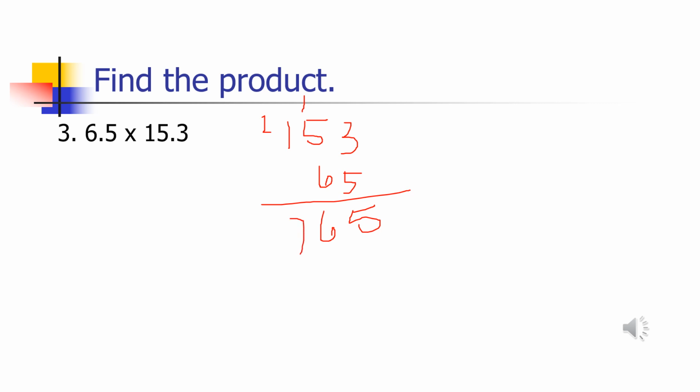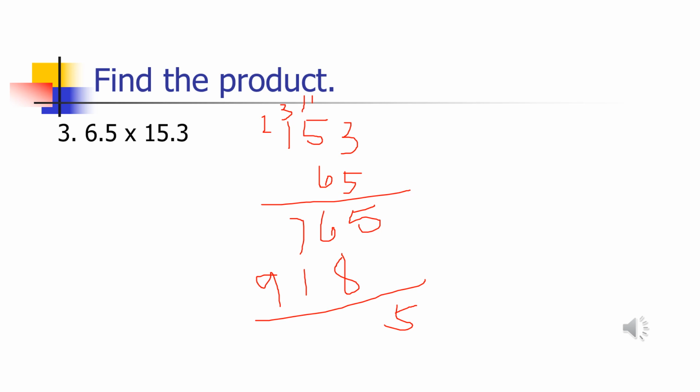Then 6 times 3 is 18, so bring down 8, carry 1. 6 times 5 is 30, plus 1, 31, so bring down 1, carry 3. 6 times 1 is 6 plus 3, 9.